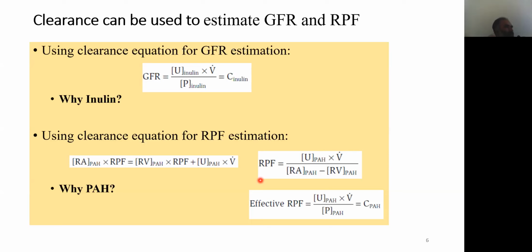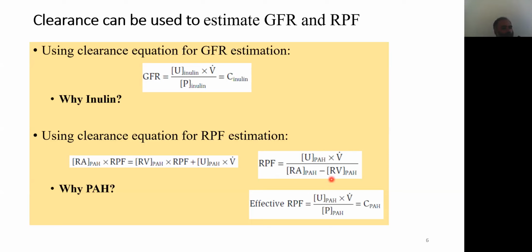Okay, so what do you do? You basically generate this value, the plasma PAH value, by sampling any peripheral artery. And the assumption, safe assumption, I would say, and is reflected in the literature as well, is that whatever PAH is running around in the systemic arteries is almost the same which enters into renal artery and hence enters into the renal tissue.